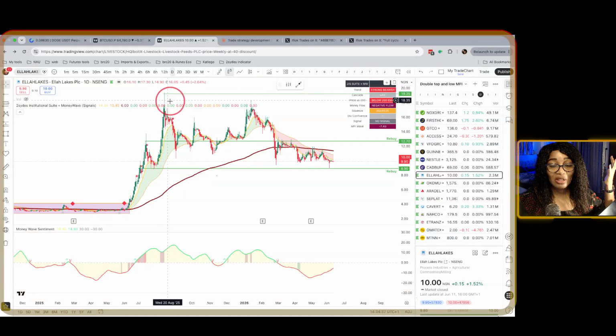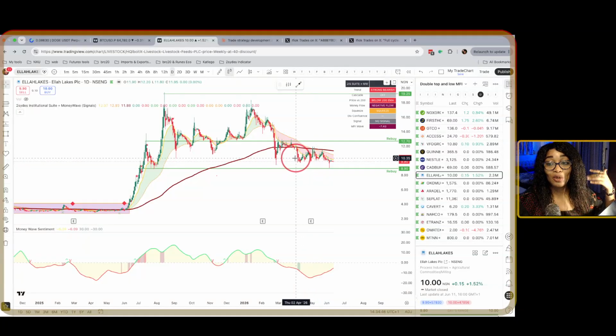And currently we are in the distributive phase. It distributed here, and we are currently in decline. After decline, people start accumulating all over again, and I think we are in accumulation for Ella Lakes, so it's possibly a perfect time to buy right now, because after accumulation is the pump.